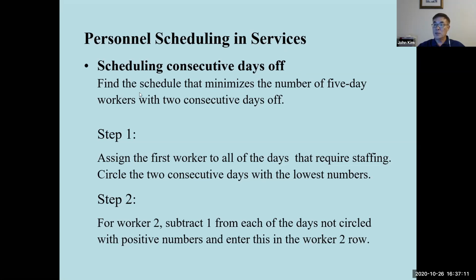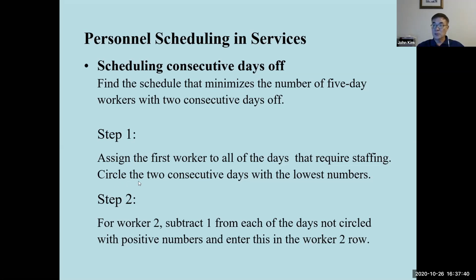Find the schedule that minimizes the number of 5-day workers with 2 consecutive days off. So usually we work 5 days and then have 2 days off. So using that rule. Step 1, assign the first worker to all of the days that require staffing.